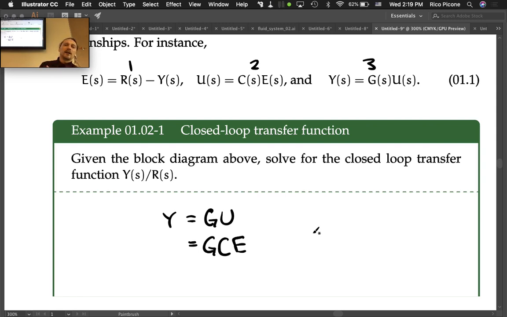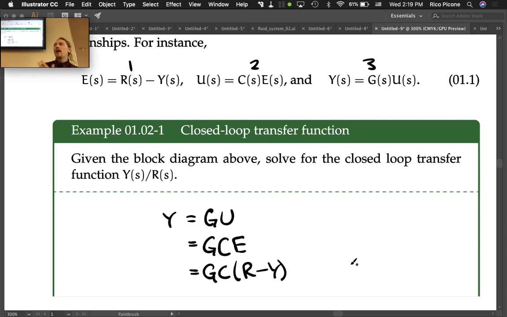So we got rid of U, and we picked up an E, so we have to get rid of E. Let's use equation 1 for that. So we have G, C, and then instead of E, it's R minus Y. Now we've eliminated U and E, and we have Y on both sides.